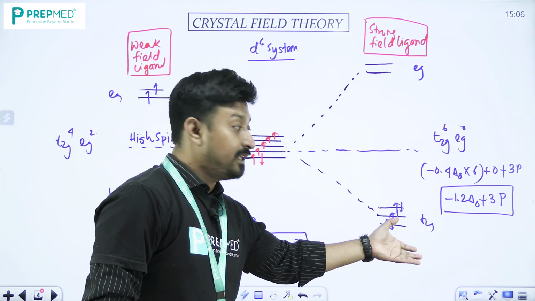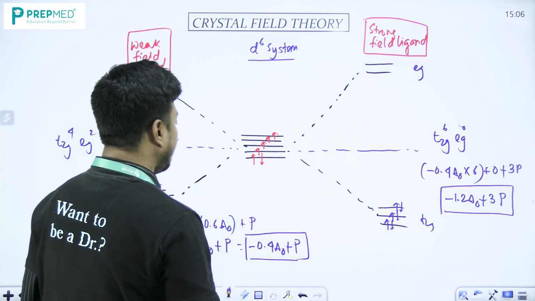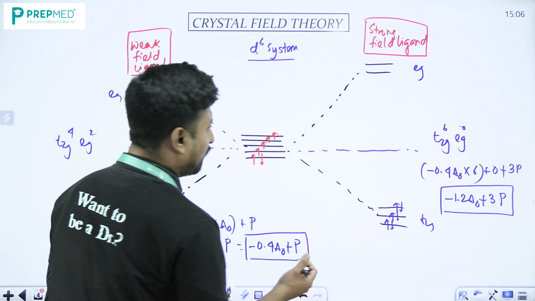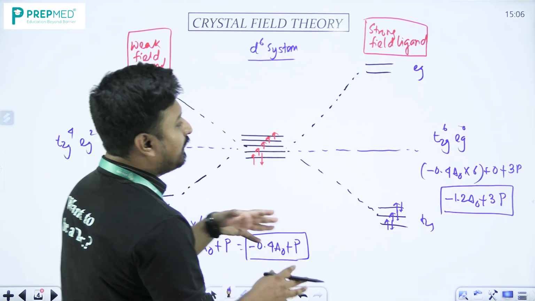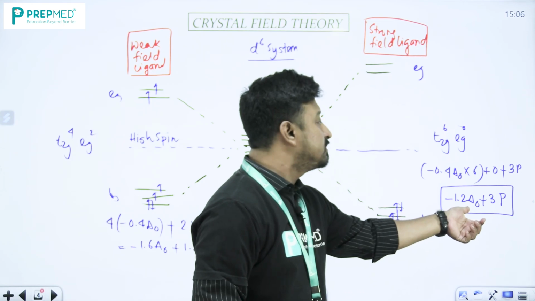Okay, your pairing energy is higher. So if I take the difference here, I will get that for a strong field ligand, the pairing energy is much higher, right? Pairing energy higher and delta O is much lesser.